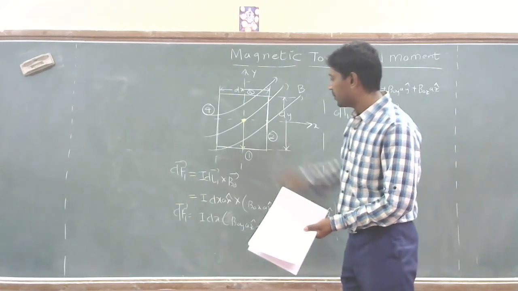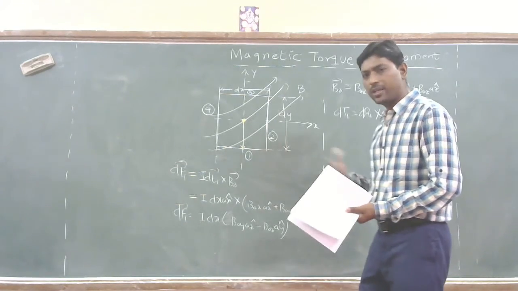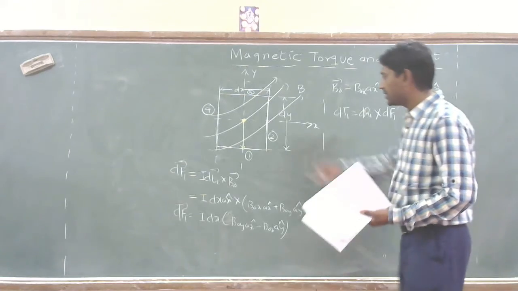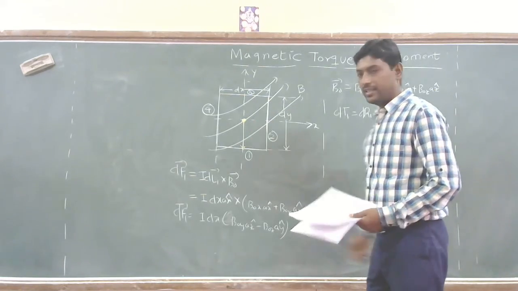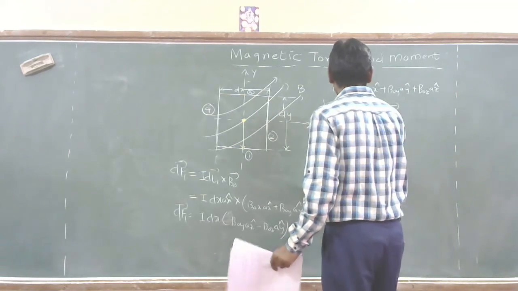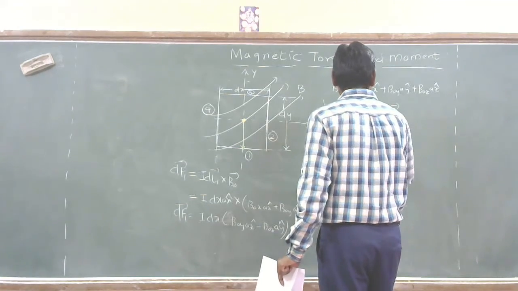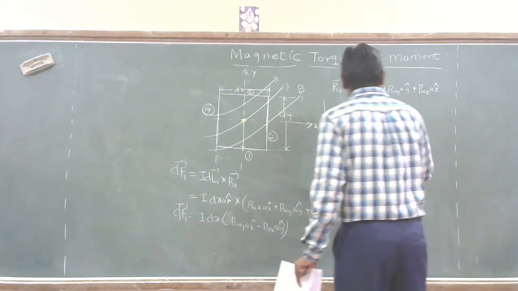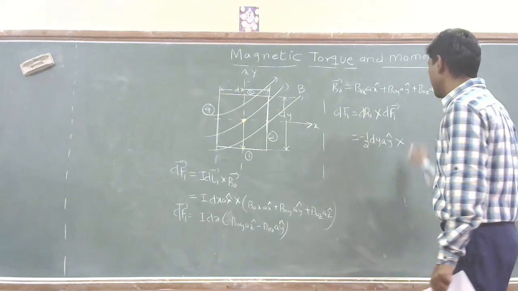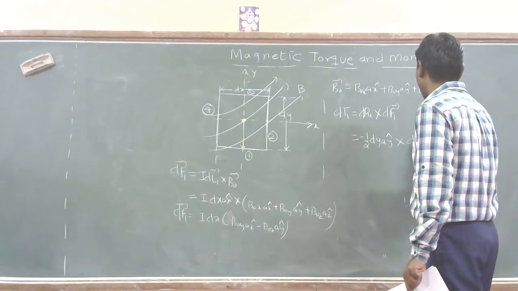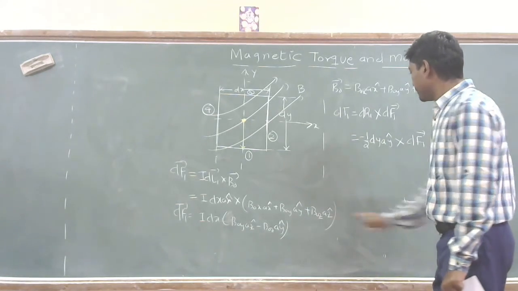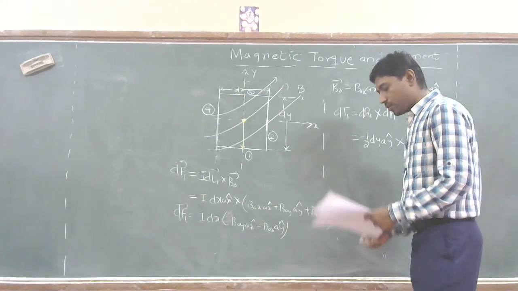So you could see that I can really define this r. It is going towards the negative x-axis. It is 1 by 2 dy, because this is the whole dy, it's exactly half. I can say that it is minus 1 by 2 dy ax hat cross that dF1. Okay. So you can really check this cross product.